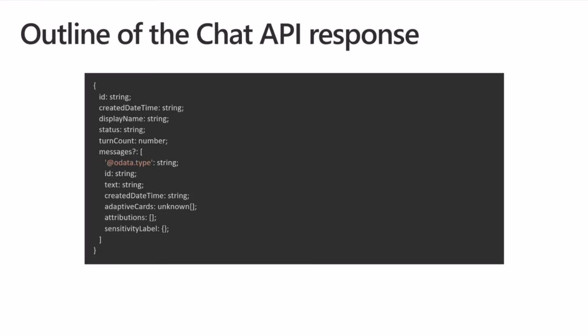In the text of the message, you will find the actual response from Copilot, which usually is a markdown formatted content. So it is a good idea to rely on a markdown rendering React component. And then you can also get information about the sensitivity of the data that you get back from Copilot through the sensitivity label section of the response. And you will see it in action soon in the demo.